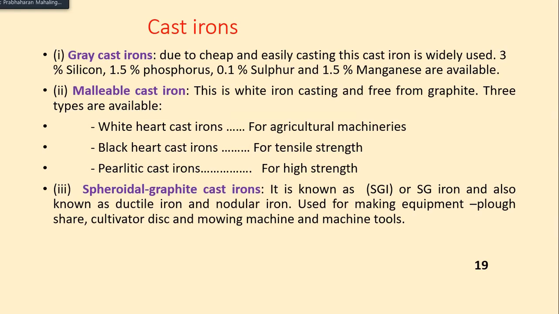The contents of grey cast iron are different: silicon, phosphorus, sulfur, and manganese.